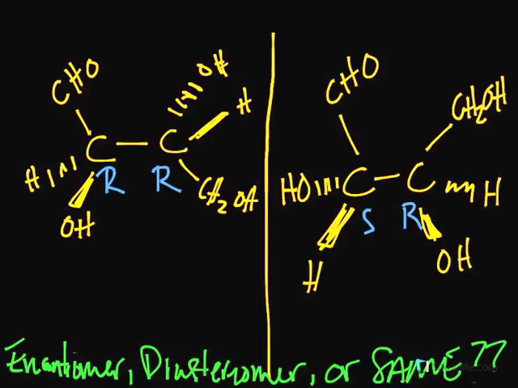Okay, so now we can figure out if they're enantiomers or diastereomers or the same molecule. So, are these enantiomers or are they diastereomers? Well, going back to the first molecule over here on the left, as you can tell, we have R, and over here we have S, and we have R. So if these two were mirror images and were non-superimposable, then the molecule on the left would read SS.